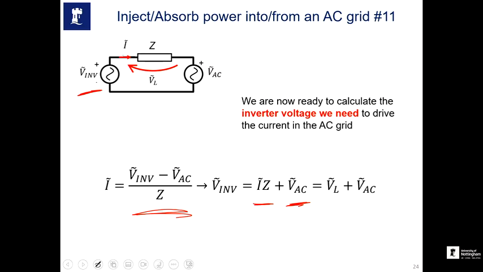If you know the Z, which in our case will be an inductor, so if we know the value of L, Z we also know, and we have just calculated the I phasor. So from this equation we can calculate V inverter, basically what we want to generate at the output of our full bridge circuit.